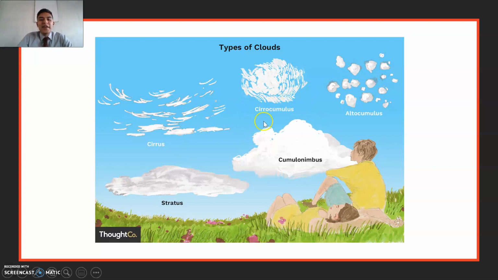We also have the cirrocumulus, we have the altocumulus. And interestingly, right here, we have the cumulonimbus cloud. These are the clouds that can actually produce thunderstorms. And of course, one of the ones that you are going to be finding out about in the pages that you have to read are going to be the stratus clouds.